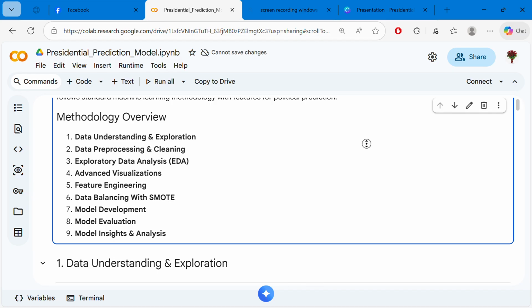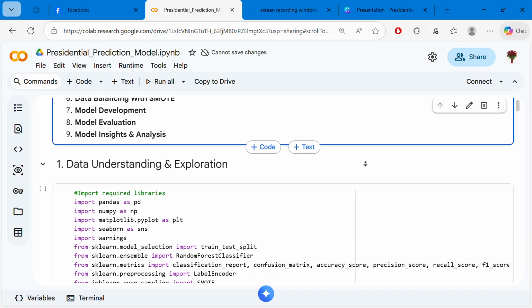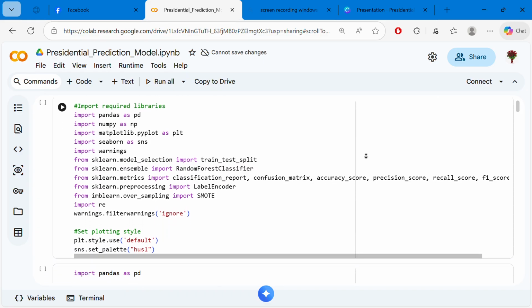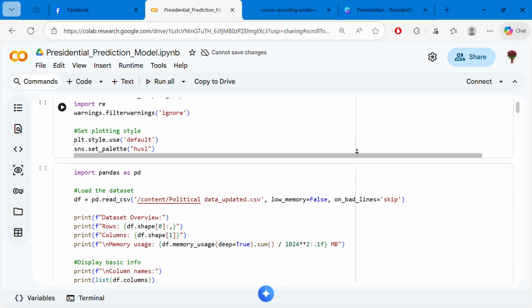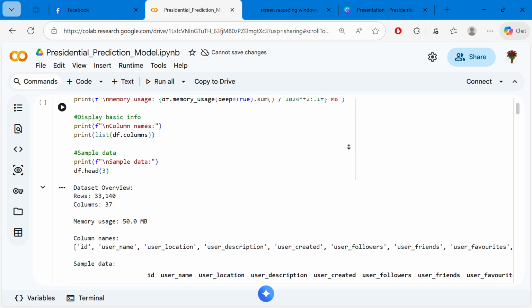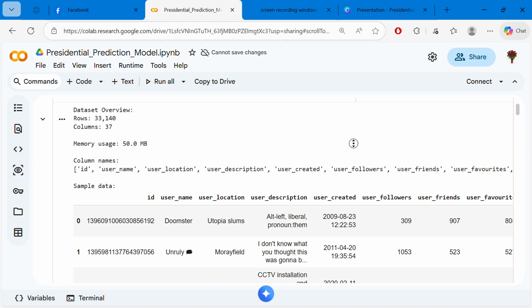One by one, I shall go to step 1, which was data understanding and exploration. We imported the libraries, set the plotting styles, and then imported the data using the Pandas library. The dataset overview says that we had 140 rows and 37 columns.